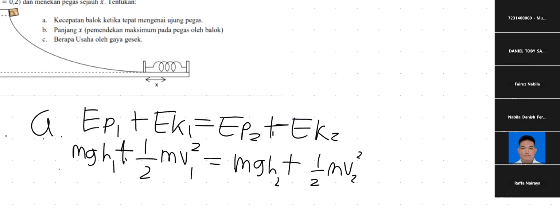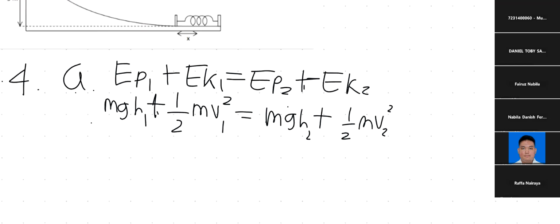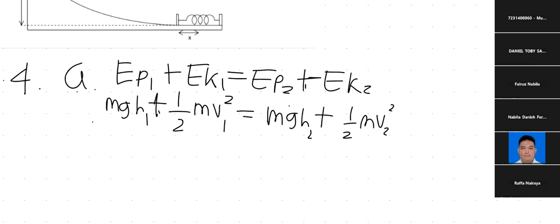So at condition 1, it's gonna have 0 kinetic energy, so it's just gonna be mgh. It's gonna have 0 kinetic energy because first and foremost, it has no initial speed, so it's just gonna be mgh.